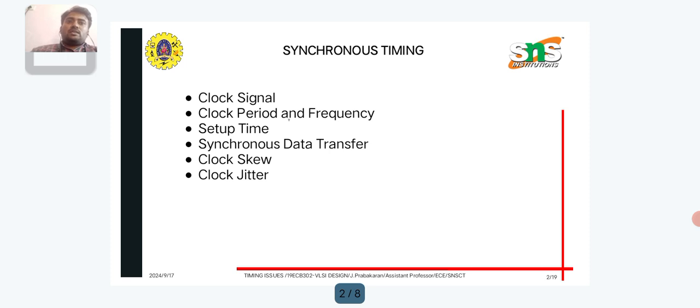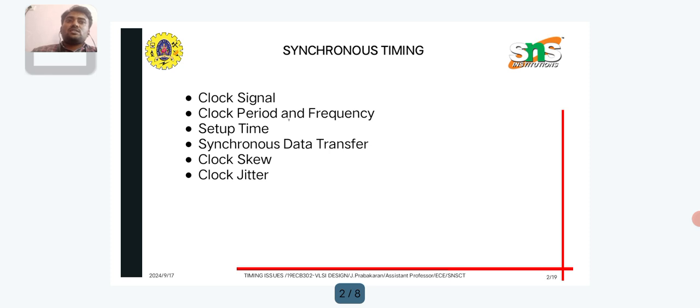Synchronous timing. It is a design methodology where the operation of digital circuits is coordinated by a global clock signal. That means common clock signal.